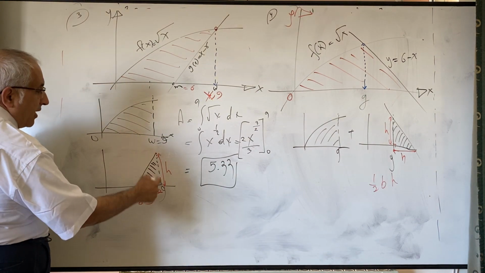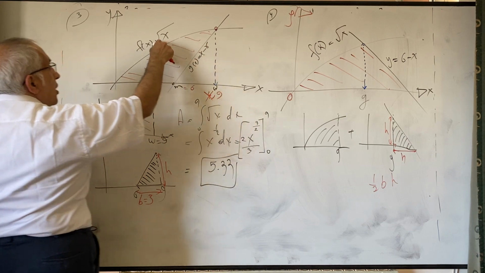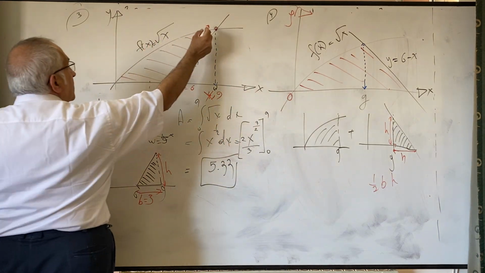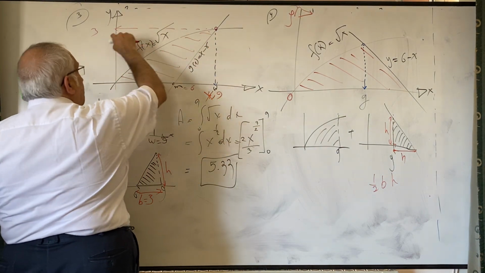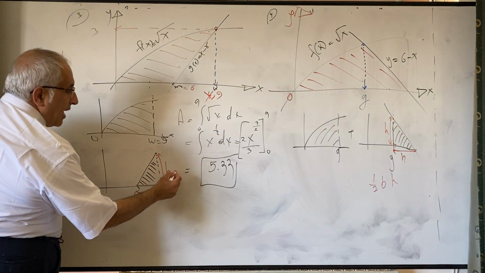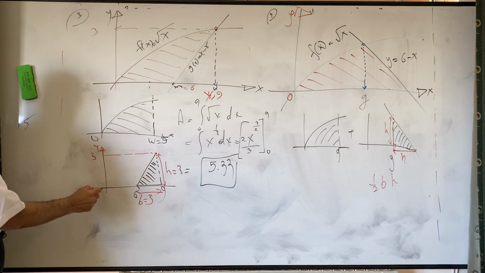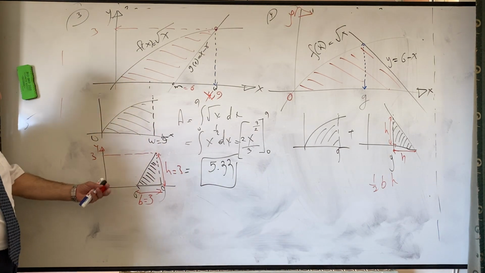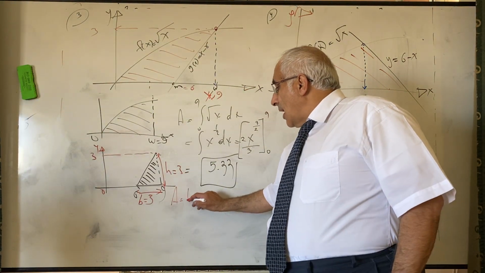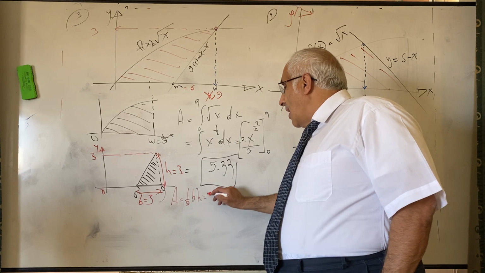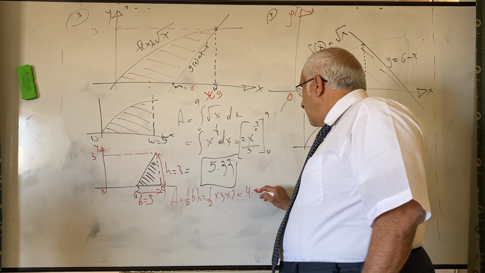I can take the 9 and plug it here, either under this or under that. The square root of 9 is 3. So this is 3. Or 9 minus 6 is also 3. So the height is 3. So the area of this triangle is what? Half times the base times the height. Half times 3 times 3, which is 4.5.